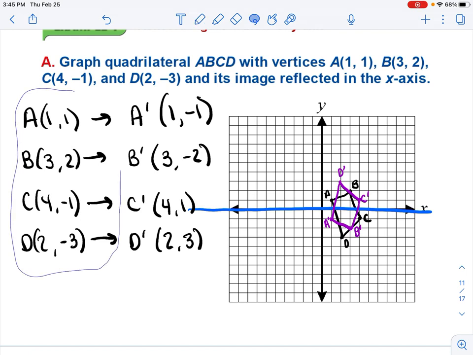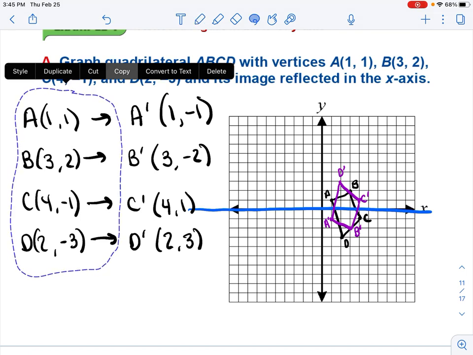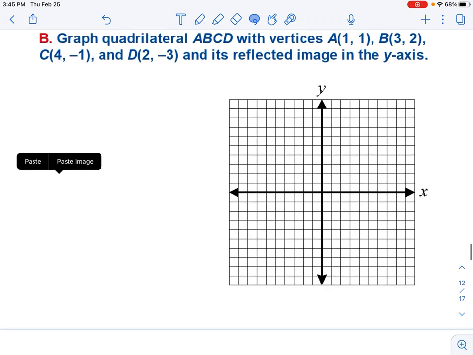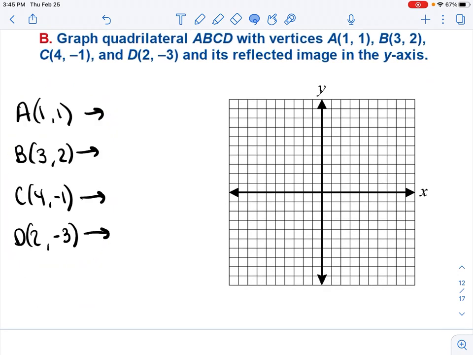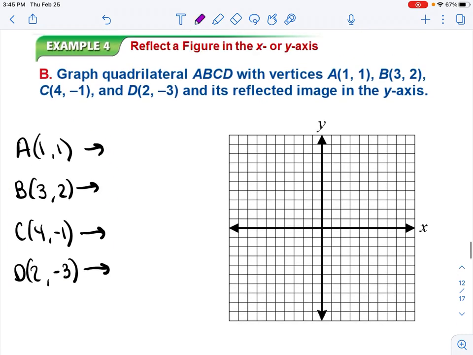I believe we actually use these coordinates again, so I'm actually just going to copy this down instead of rewriting it. Looks like it. And then I will graph these again. So the pre-image coordinates are 1, 1, 3, 2, 4, -1, 2, -3.